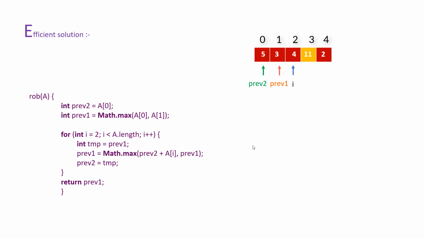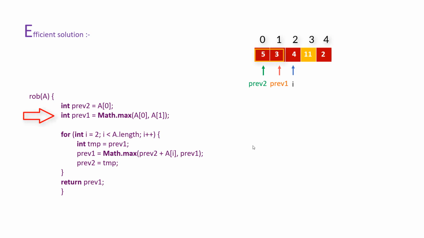So now here comes the efficient solution, guys. Why? We'll discuss it. Suppose this is the array, guys, and we are at the ith index basically. The previous one is just before the ith index, and previous 2 is just before the previous one. So initially we have taken previous 2, which is A0, and previous 1, which is the max of A0 and A1.